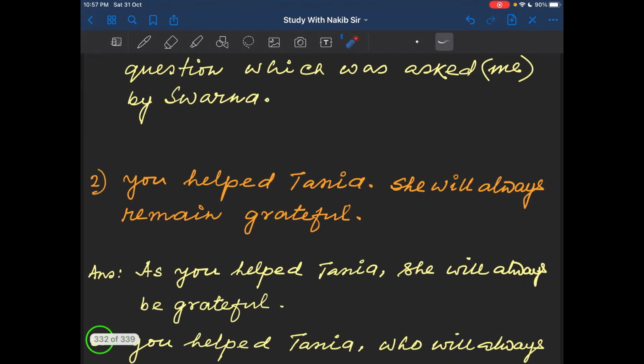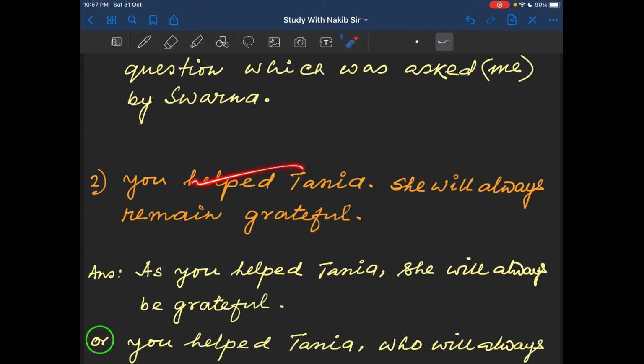Now question number 2. See, you help Tanya. She will always remain grateful. Okay. See the nature. Here the relation between the two sentences is very easy and clear. One is the cause and the other one is the effect. The relation is totally clear.